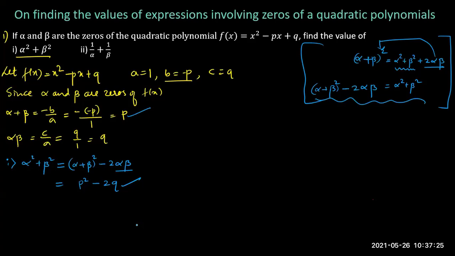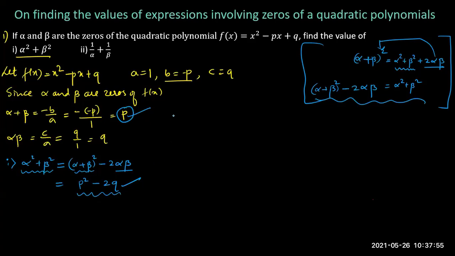Sir, how did p square come? Alpha plus beta means p, and we are writing alpha plus beta whole as p square. That value we put there. Now we are finding the value of alpha square plus beta square, so this is the value of alpha square plus beta square. Is it clear? Yes. Okay.